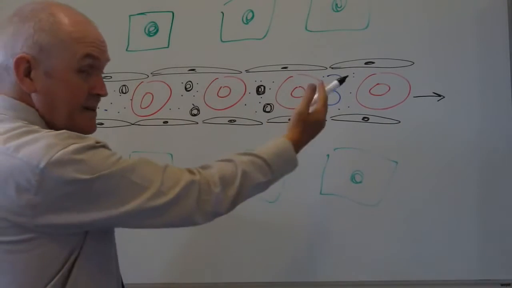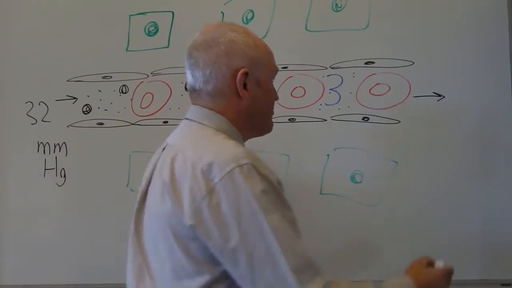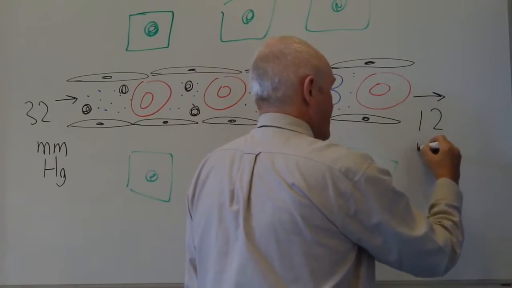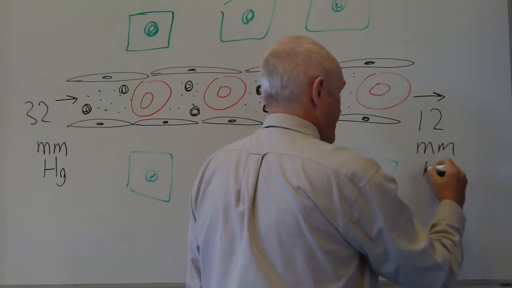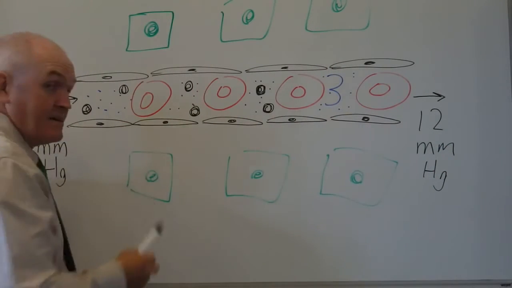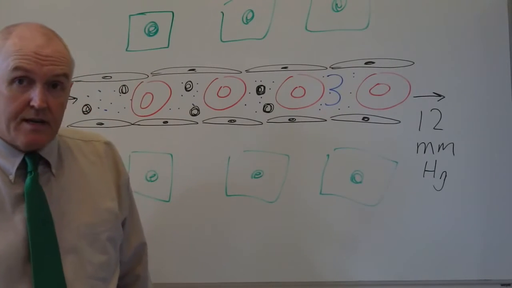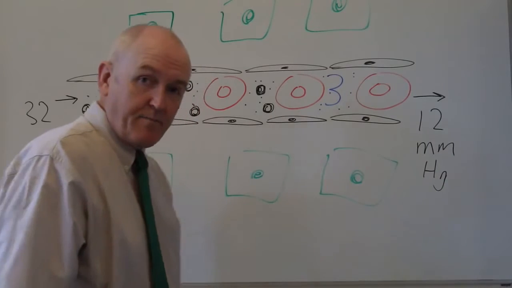By the time it leaves into the venule at the venous end of the capillary, that's dropped to about 12 millimeters of mercury. So we see that the hydrostatic pressure is going to be higher at the arterial end of the capillary compared to the venous end of the capillary.